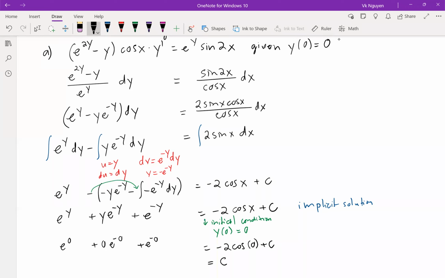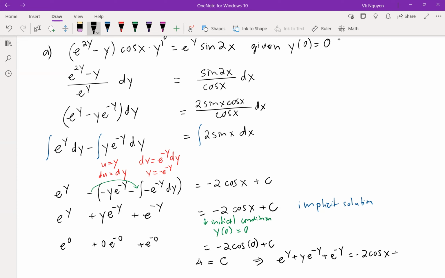Move it to the side, so c equals 4. So once we have c equal 4, the solution is e^y plus y e^(negative y) plus e^(negative y) equals negative 2 cosine x plus 4.